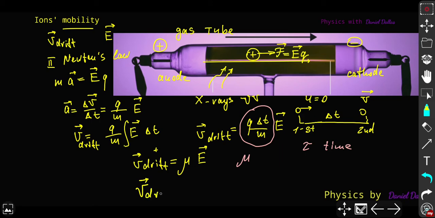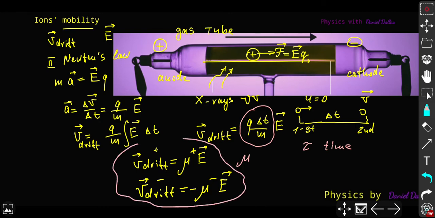And that means you need to separate mobility for positive and for negative charged particles, ions. Hence, we better write and split them apart. And of course, if we're talking about negative charged particles, the drift velocity will be against the external electric field.